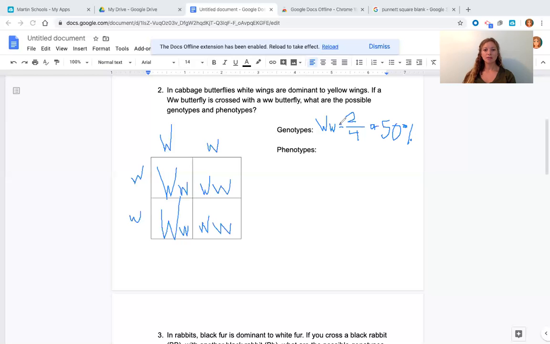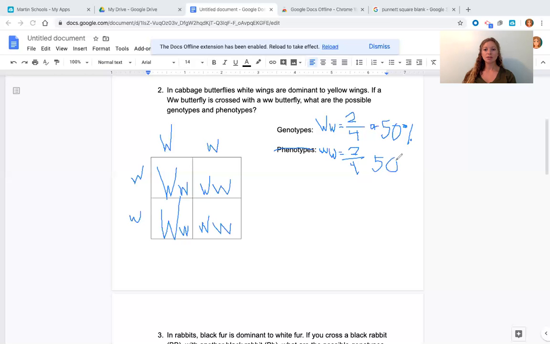I need more space here. The other possibility is that I have 2 lowercase w's. So my other genotype possibility is homozygous recessive, and I also have the same 50-50 chance, 2 out of 4 or 50%.